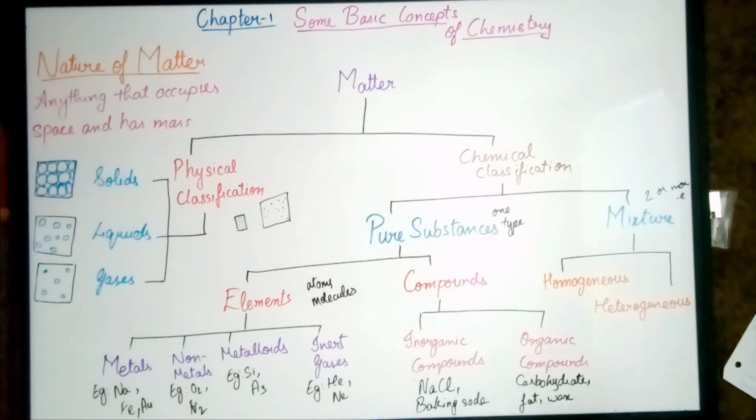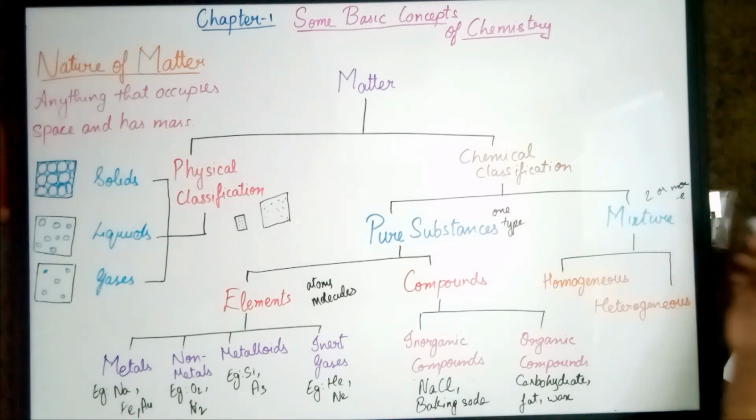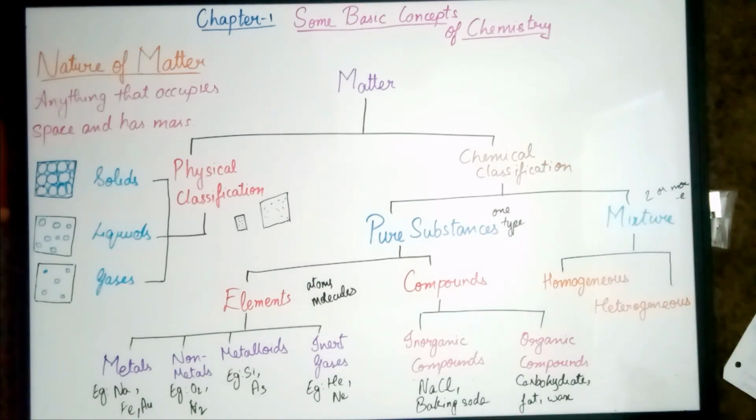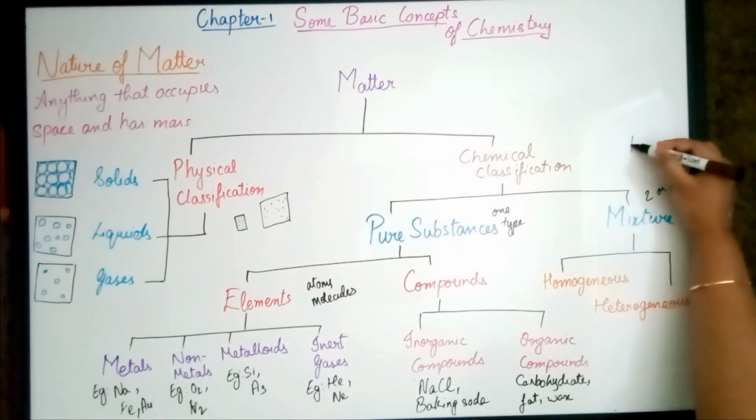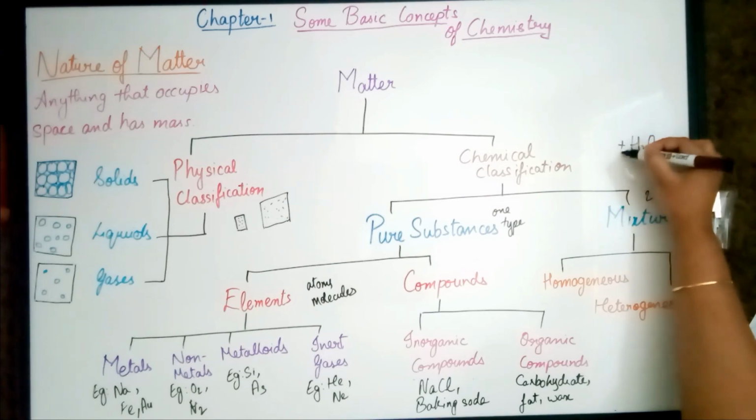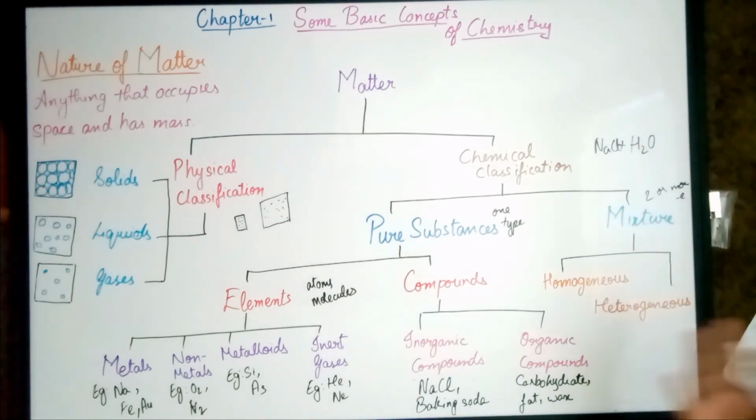The next and the last topic in this heading is mixtures. Mixtures consist of two or more substances. That's what I said in the beginning. So let's take the example. We are taking water and salt, a table salt, or common salt.